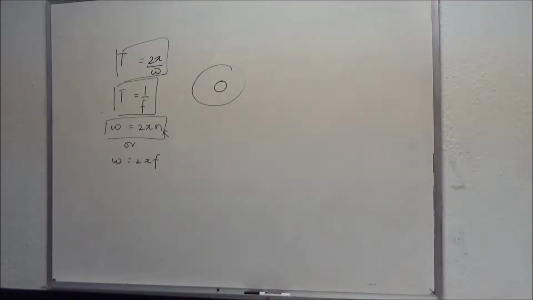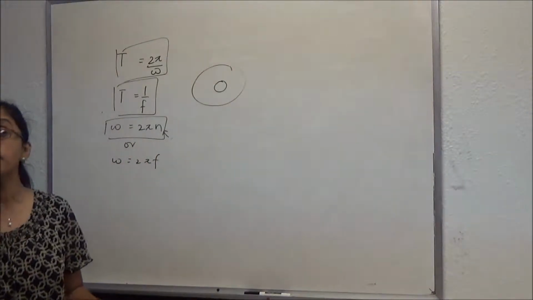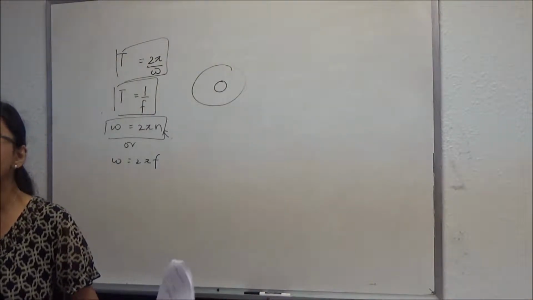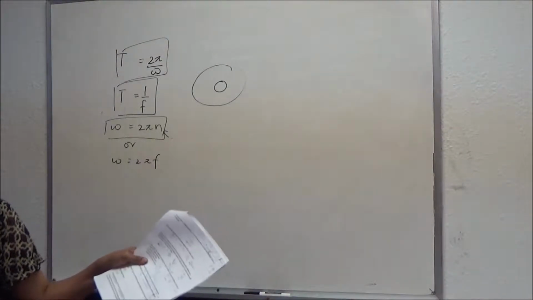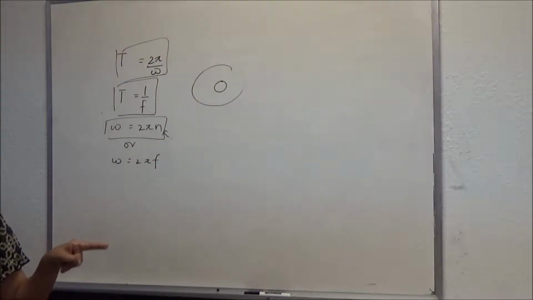Read the sum. A record spins on a phonograph at 33 revolutions per minute clockwise. Have you heard about RPM? What does RPM mean? Rounds or rotations per minute. So what is frequency? Number of vibrations per second. But in most sums, this variable is given in terms of RPM.